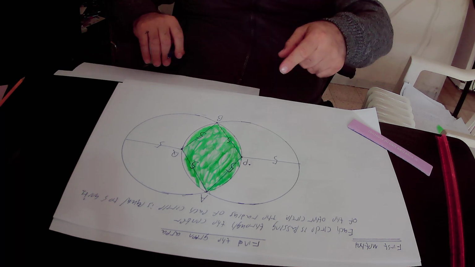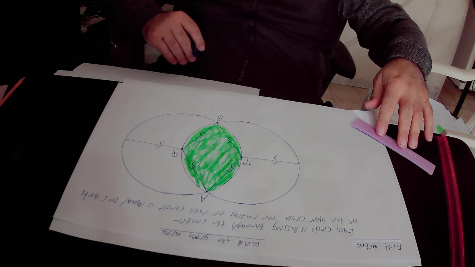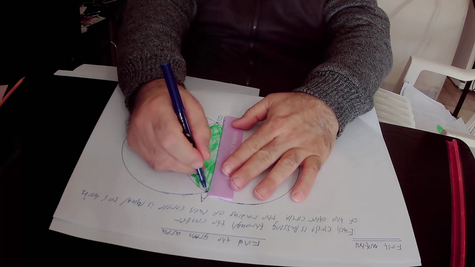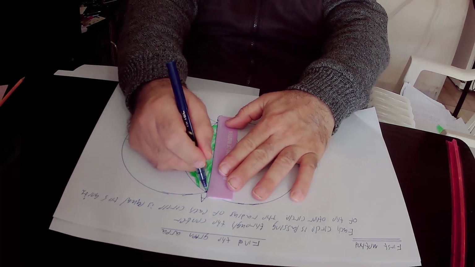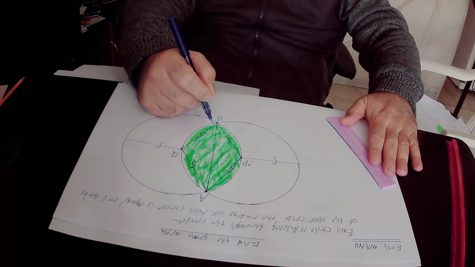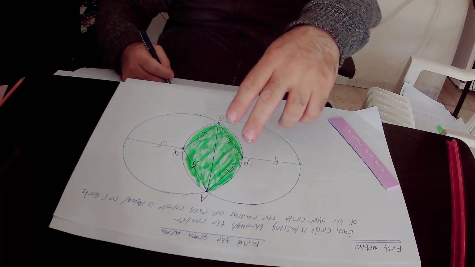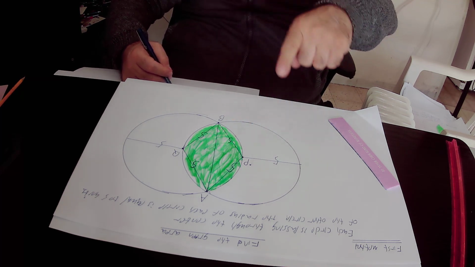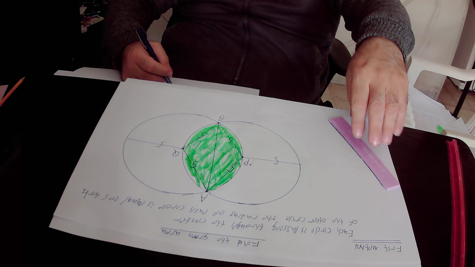Here we join points A and B together by a straight line. Line segment AB is the first diagonal of rhombus APBQ, and we'll join points P and Q together by a straight line.